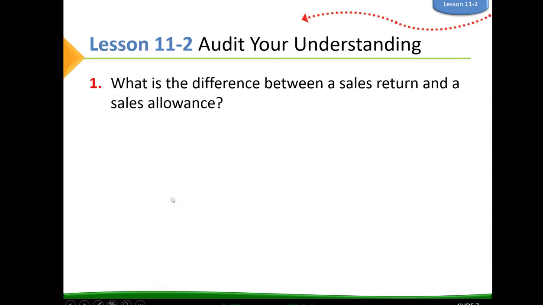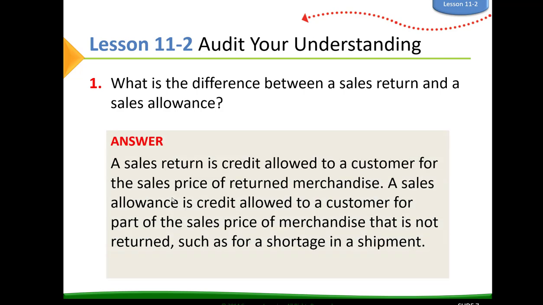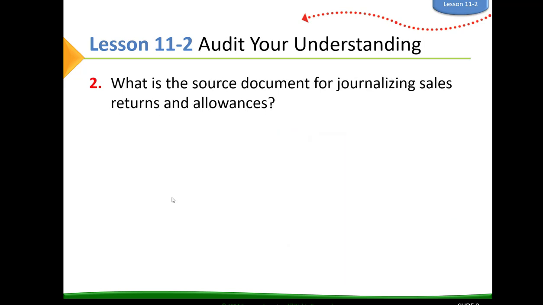So the same difference that we had between sales return and sales allowance. Sales return, the merchandise comes back. Sales allowance, it doesn't, often due to damage or we did not send enough merchandise whenever it was shipped. We're journalizing for sales returns and allowances with a credit memorandum.